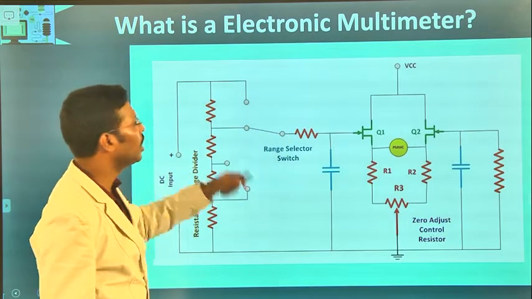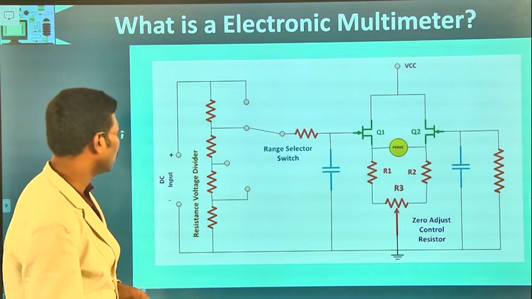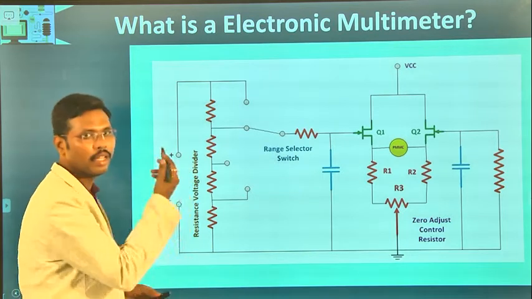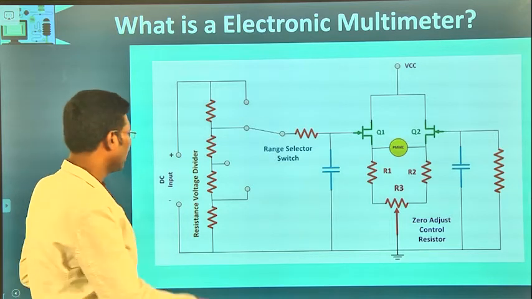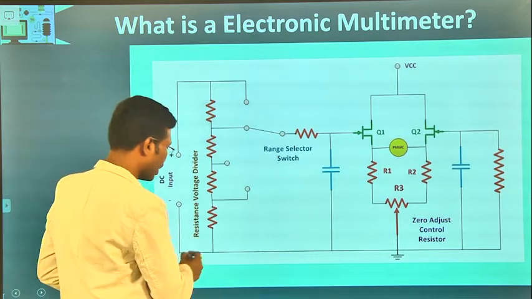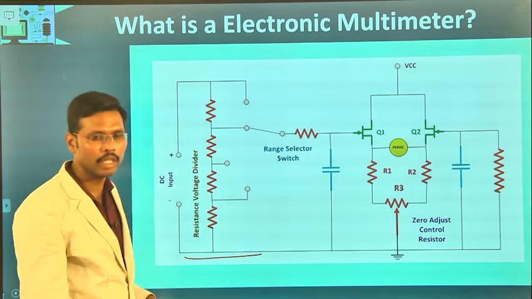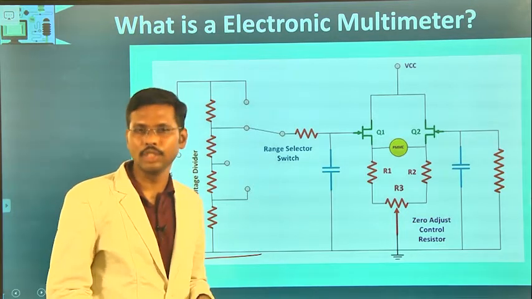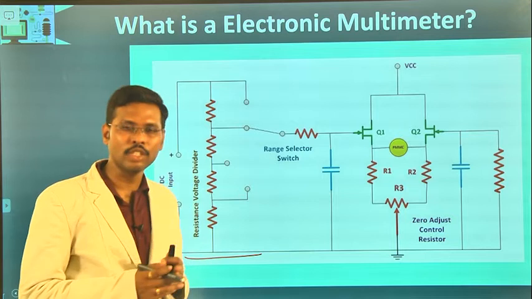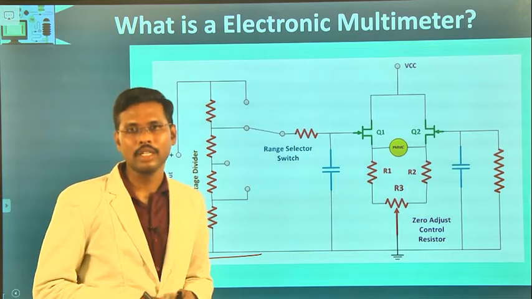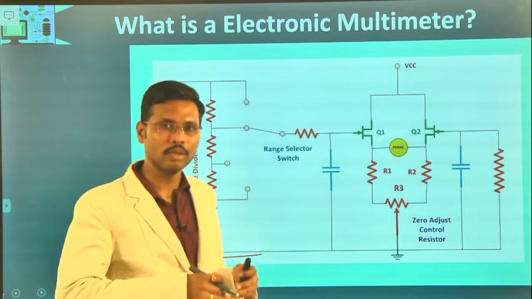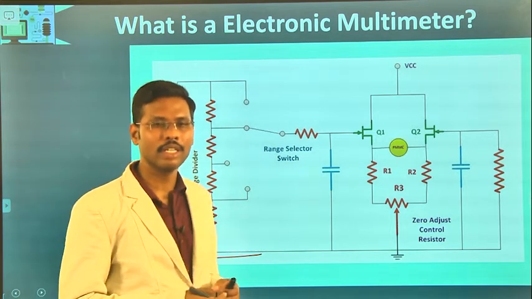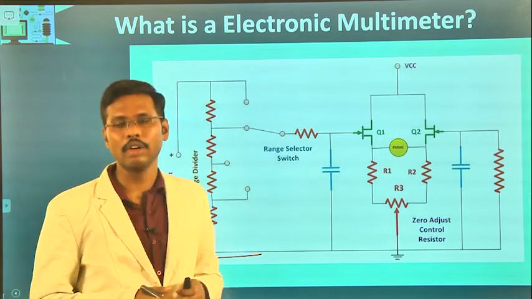of this electronic multimeter. Initially you will be having an attenuator or a range selector switch, and this attenuator is used for selecting the range of this multimeter. The range will depend upon the range of the input signal you are going to measure.